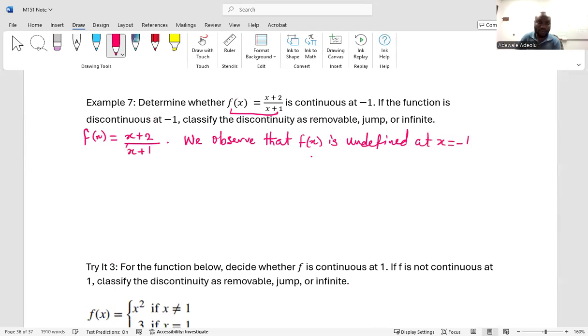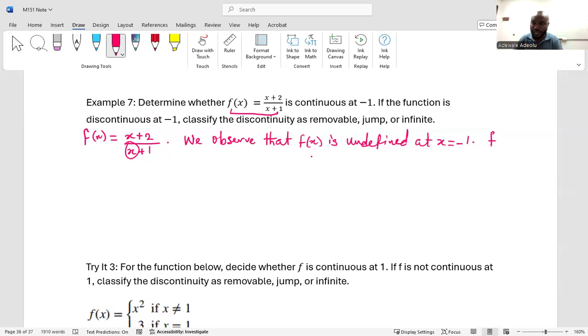How do I know? If I plug in minus 1 here, my denominator will be 0. So it doesn't make sense. So the function is undefined at x equals minus 1, and that is enough to disqualify that function from being continuous at x equals minus 1.